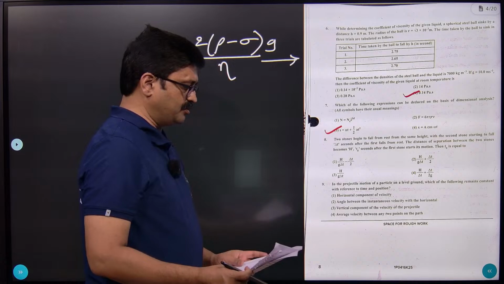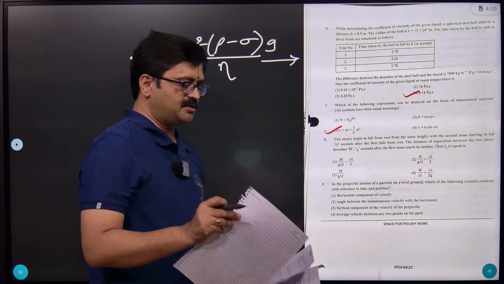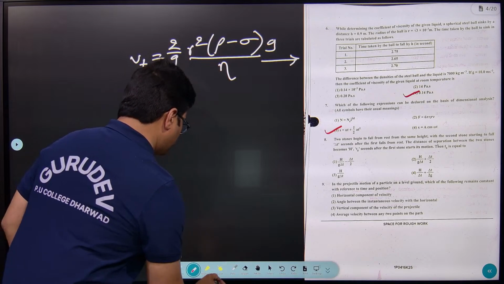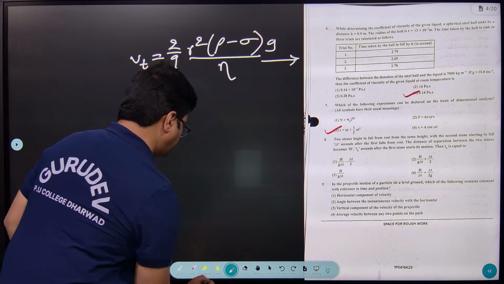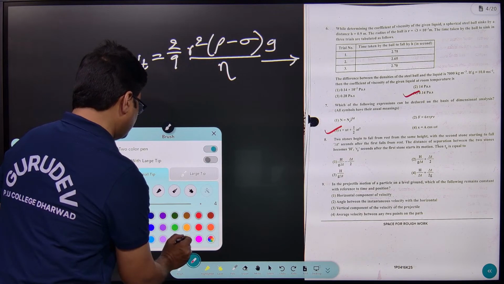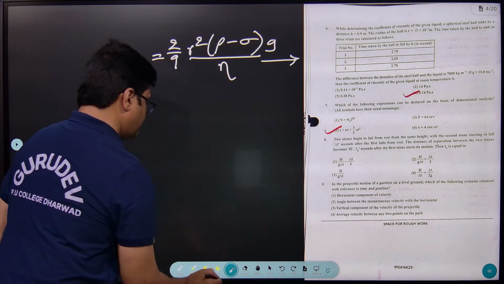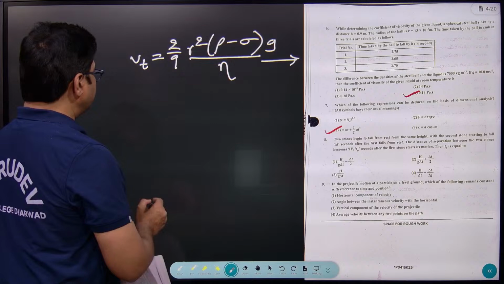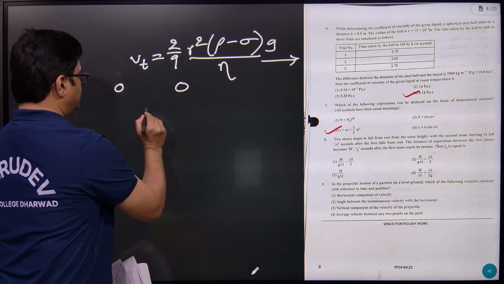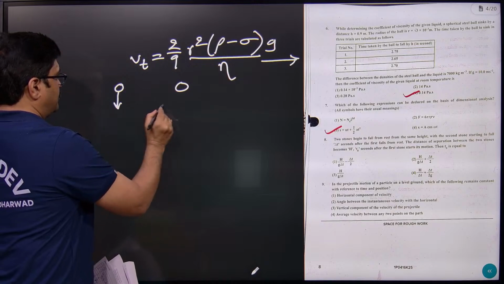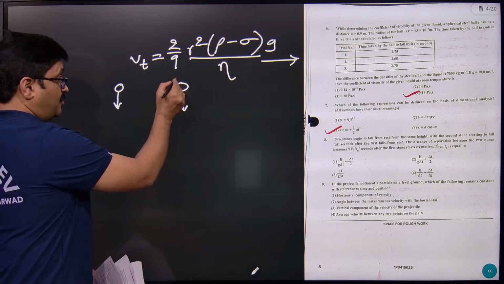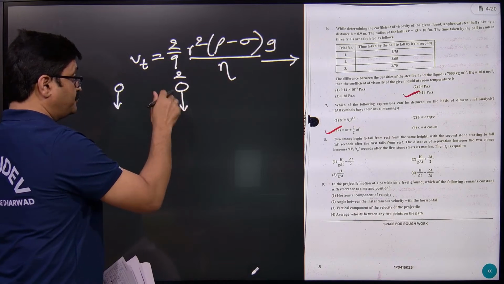Then moving on to question number 8. This is a bit of a calculative type of question. I'll be writing the solution here. Note that two objects are dropped from the same height, but the second object, object 2, is dropped a little later.